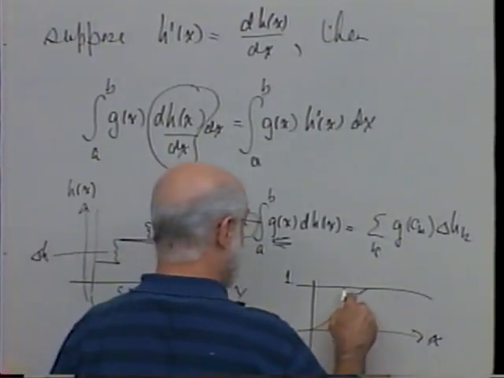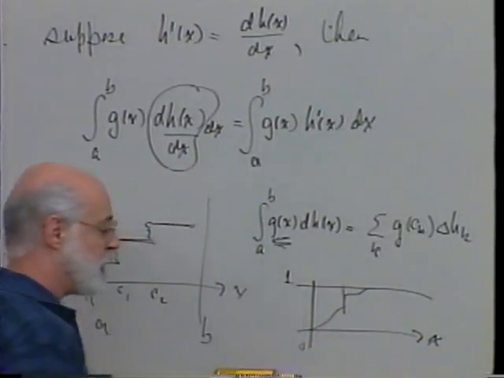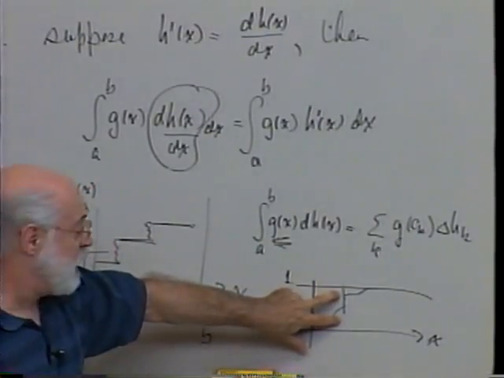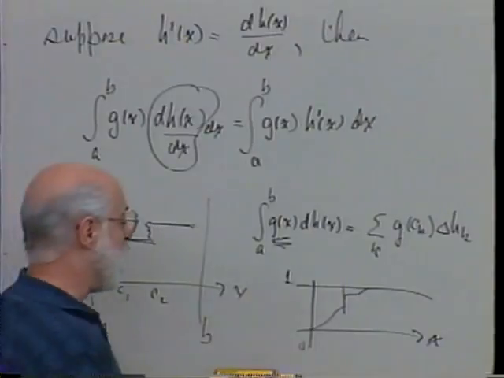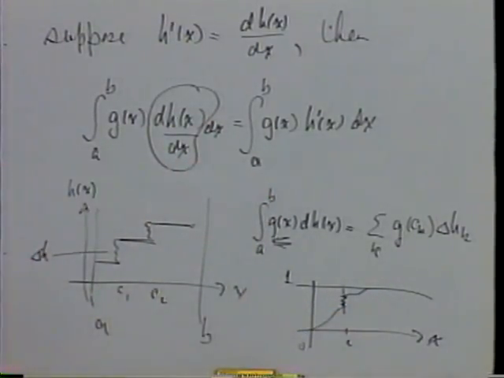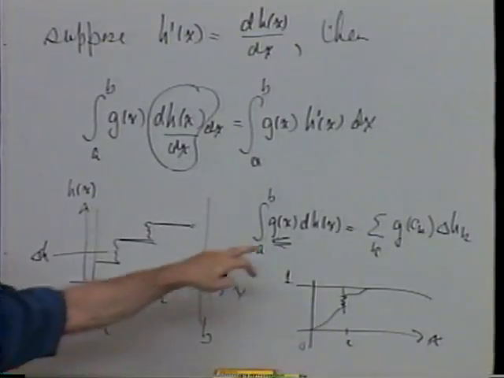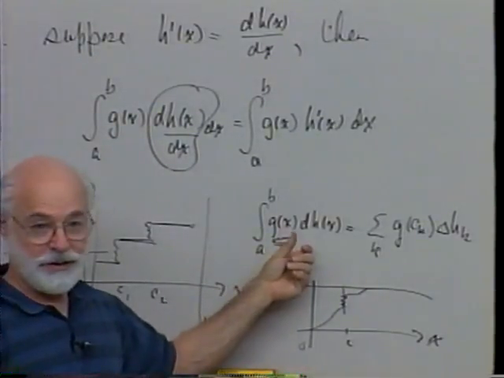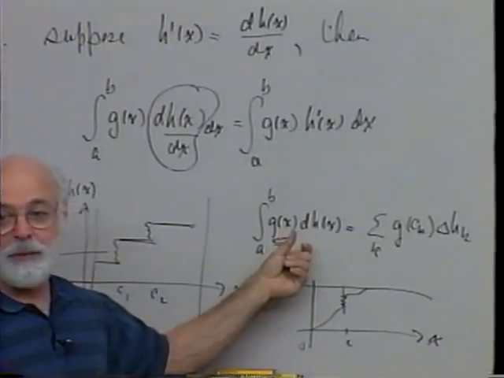At the jumps, at the discontinuities, we simply add in the amount contributed by the discontinuity, which is the value of the function at the jump times the amount of the jump. So for our purposes, all the Riemann-Stieltjes integrals that we have will be evaluated by reducing them to either sums or ordinary Riemann integrals.